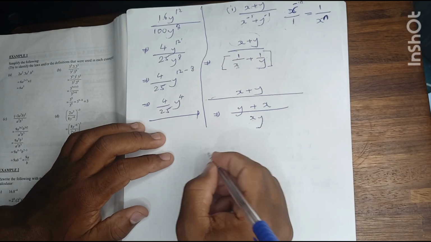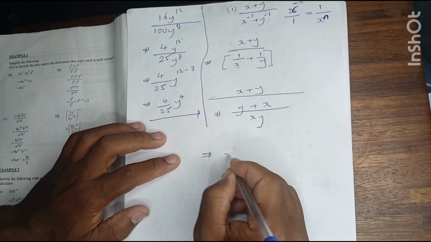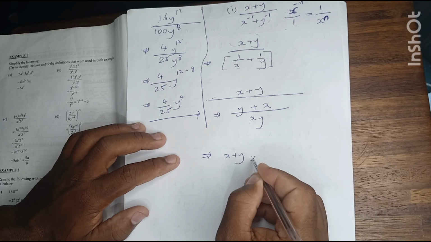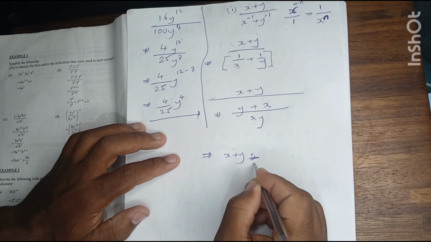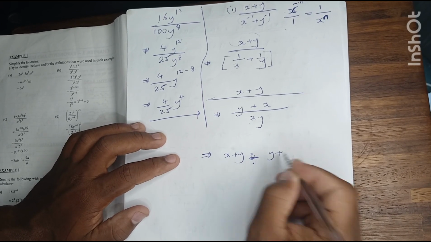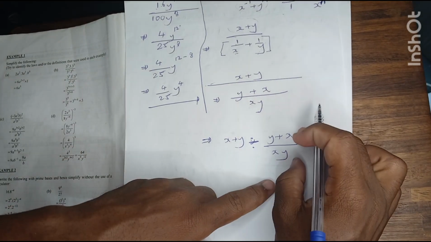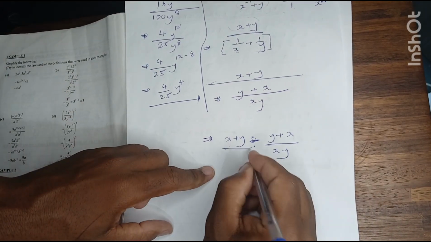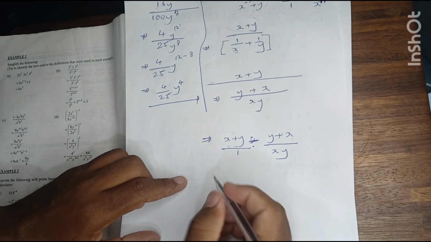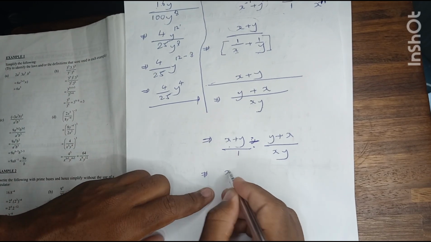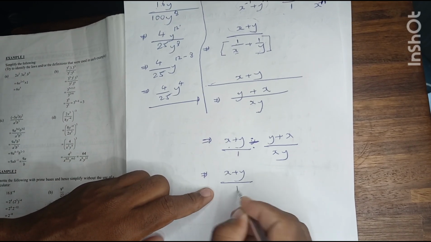So we are going to say x plus y divided by y plus x all over xy, like this. This one is a fraction, this one is not a fraction. You make it a fraction by dividing by 1. Then from there you say x plus y all over 1.